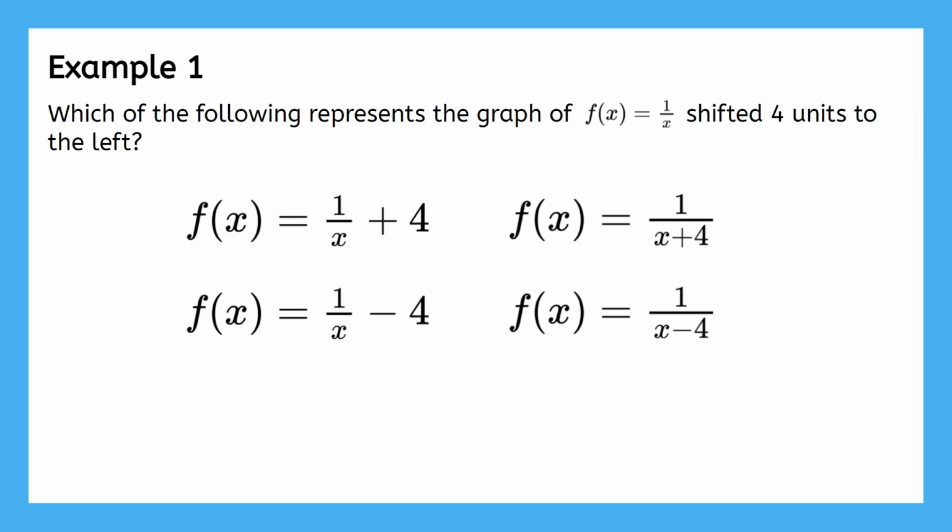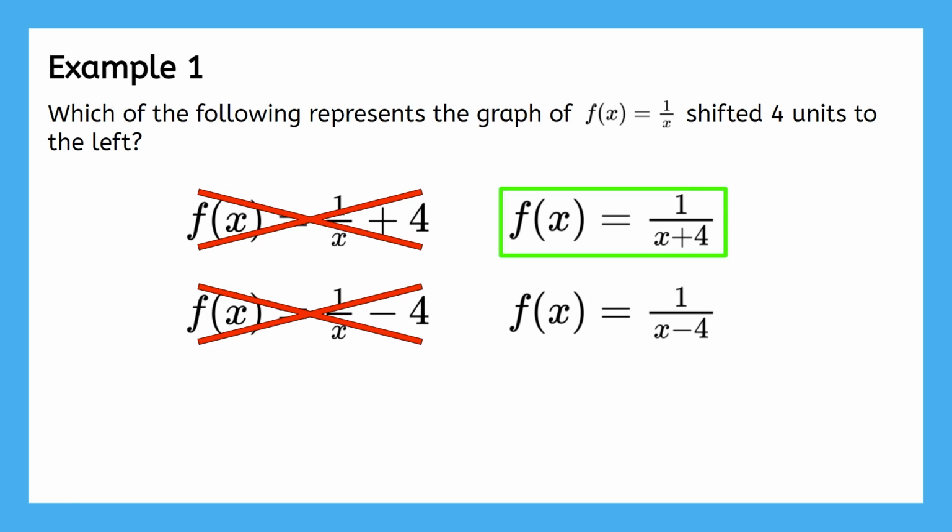These represent vertical shifts, since the 4 is tacked on at the end. And we also need to remember that for horizontal shifts, the movement is in the opposite direction of what you might expect. Left is the negative direction on the x-axis, so x plus 4 will be in the equation. So the correct answer is 1 over the quantity x plus 4.